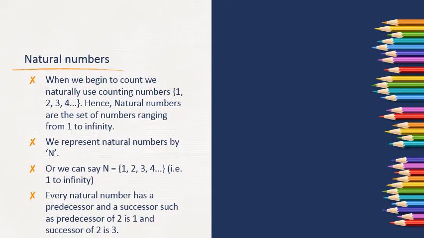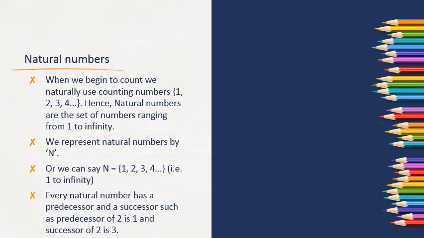So it means a predecessor is if you subtract 1 from your natural number. Like for instance, if you have 2 minus 1 equals 1. So your predecessor of 2 is 1.